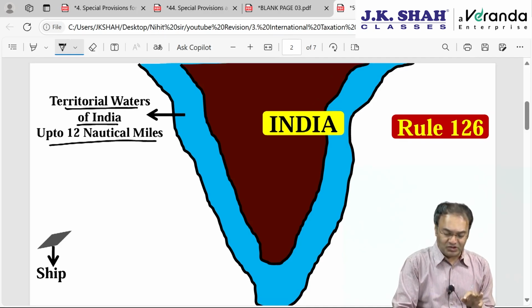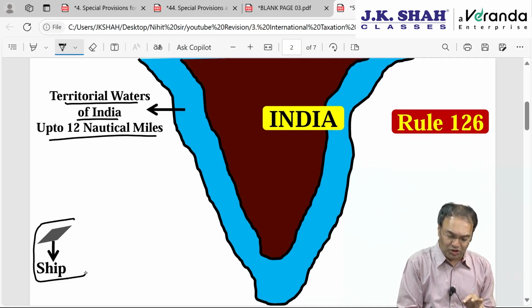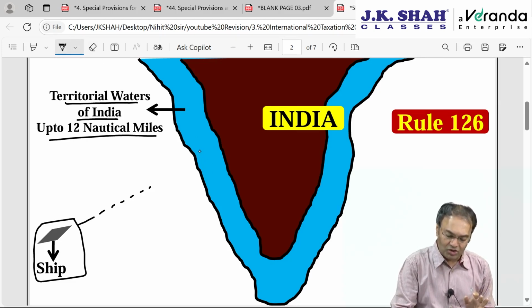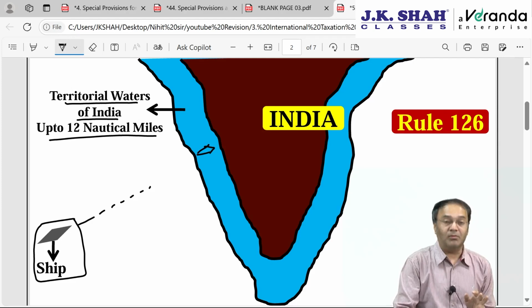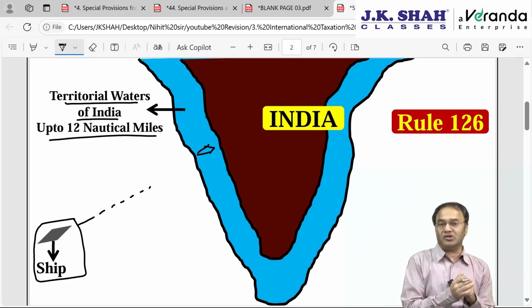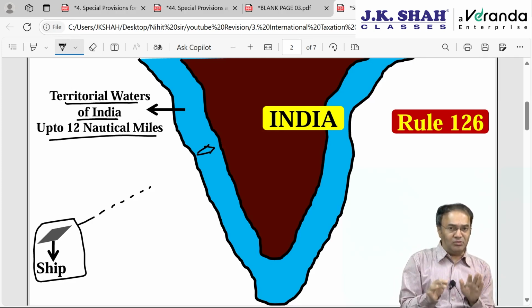Then supposing there is a ship coming near to the seashore. Ship keeps coming in and finally reaches the Indian territorial water. It is half inside, half outside, or supposing the ship has already entered the Indian territorial waters. Ship is in the middle of the water, but has not yet got customs clearance, so has not been able to reach the seashore for any reason. It is still standing in the middle of the water.